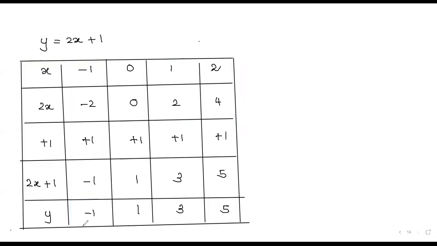Thereafter, you write the coordinates here. I don't have space, therefore I write it on the right side, children. Negative 1, negative 1. Yes, so then you have 0, 1, 1, 3, and 2, 5. I want to double check whether my answers are correct. Negative 2, negative 1, 2 times 1, 2 plus 1. Yes.